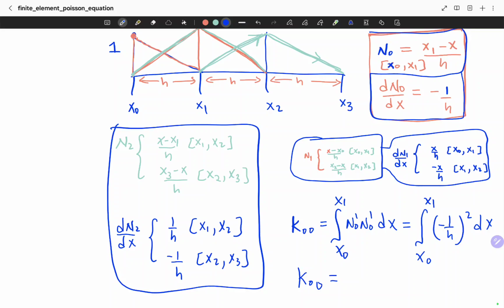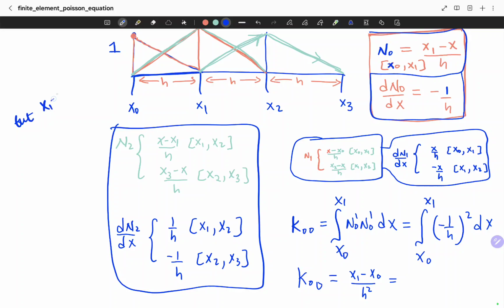And k00 gives you, when you do, let's do it. I know you can integrate this. This is easy. So let's assume we did all we did. You are going to have x1 minus x0 over h squared, but x1 minus x0 is still h, as you can see.